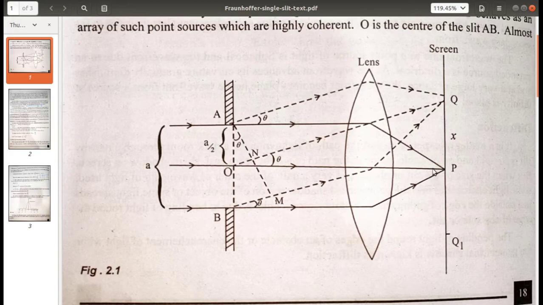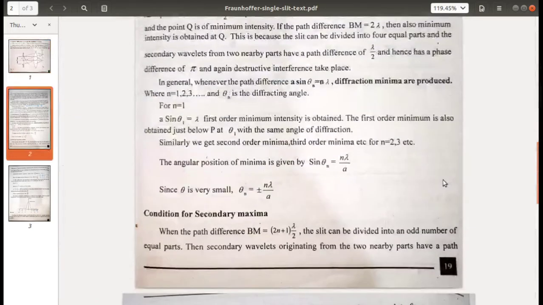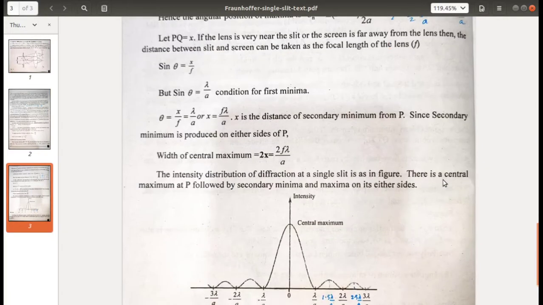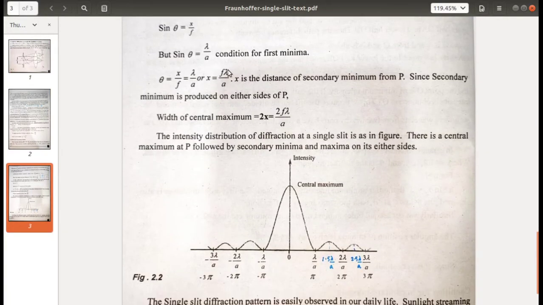Up to this point, this is the distribution of central brightness. So the width of the central bright point is this distance from Q to Q1. This is nothing but 2x. So 2x is equal to, from this expression, 2f lambda by a.